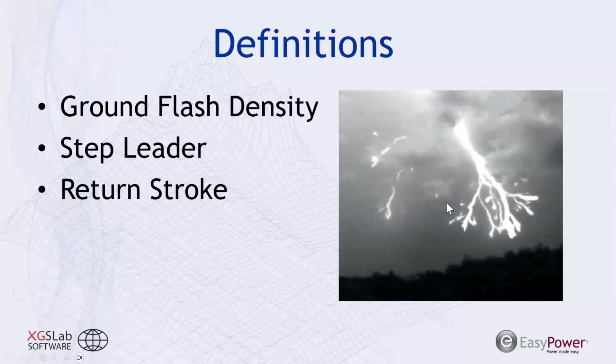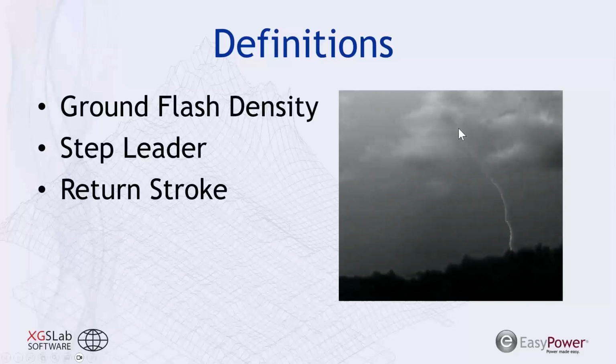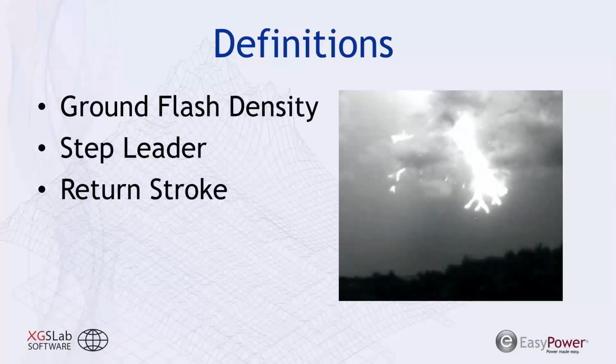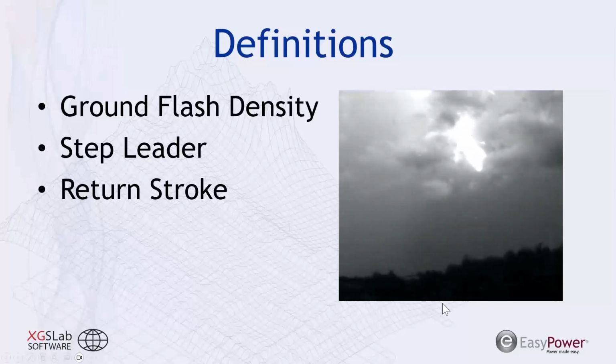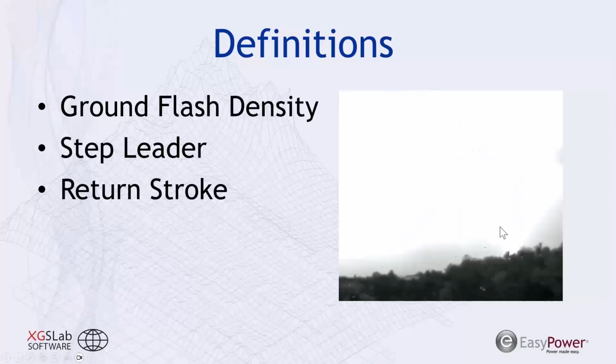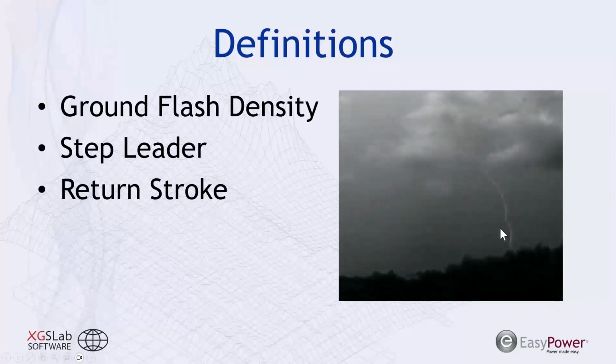Another term to be familiar with is the return stroke, or return stroke current. We can see the step leaders coming down from the cloud, and then this bright flash occurs. That bright flash is when we have a total ionization path from the earth to the cloud, so we have a significant amount of current. That current can be 30 kA, 100 kA, 300 kA. A significant amount of energy can be discharged in this lightning event, and the magnitude of that first current is referred to as the return stroke current.